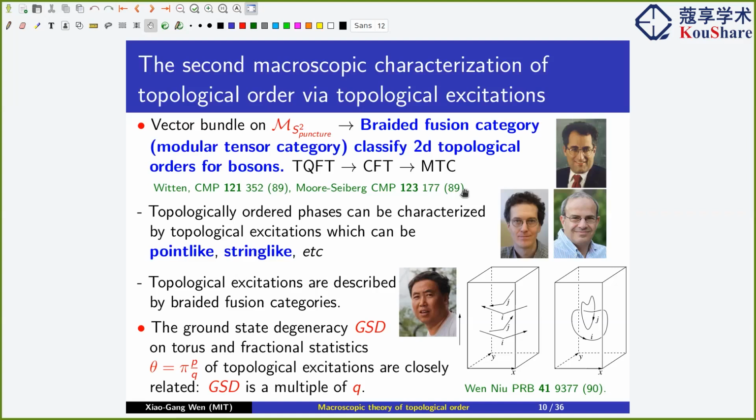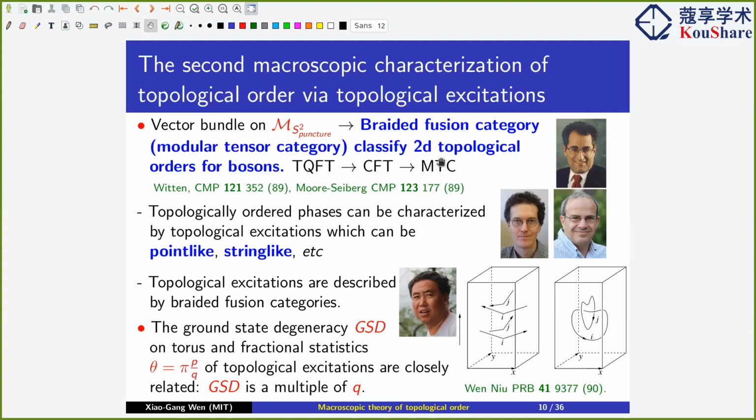And then in the same year, there was a very systematic study of conformal field theory. It turns out conformal field theory and the modular tensor category are closely related. So actually the name modular tensor category was given in this study of conformal field theory. So in the early days, we see that the topological quantum field theory or topological order, and the modular tensor category have some relation.